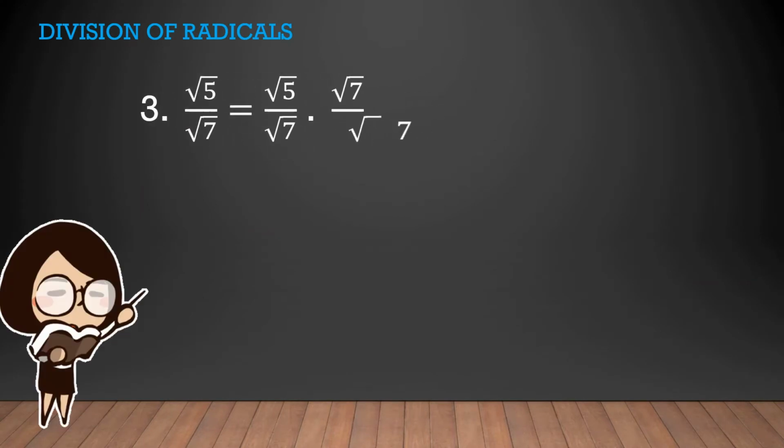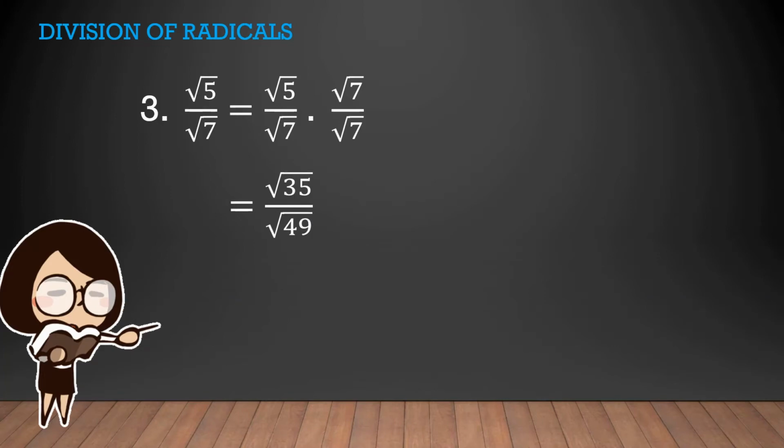Okay, number 3. So square root of 5 over square root of 7 is equal to square root of 5 over square root of 7 times square root of 7 over square root of 7. This is rationalizing the denominator. So we cannot divide the 5 over 7, so we need to use rationalizing.